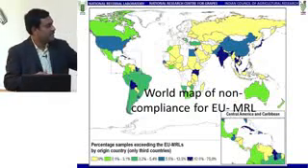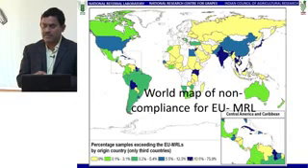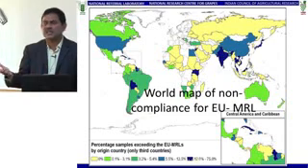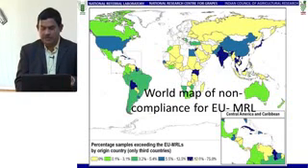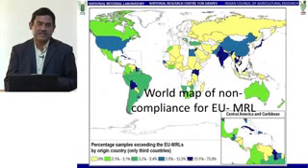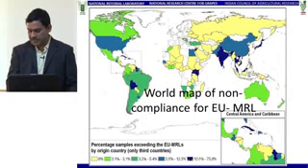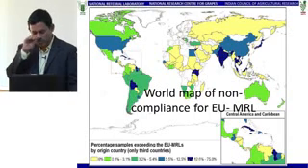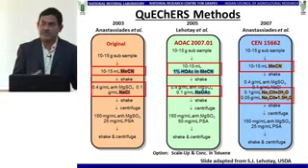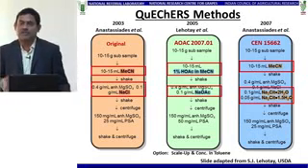You see that India is one of the darkest regions, from where lots of non-compliances are reported for various reasons. And not only India, our neighbors like China and Thailand are also contributing lots of non-compliances. Overall, continent-wise, the maximum number of non-compliances are reported from Asian countries, followed by Europe itself.